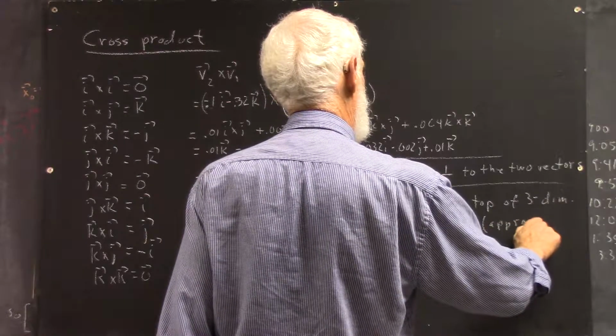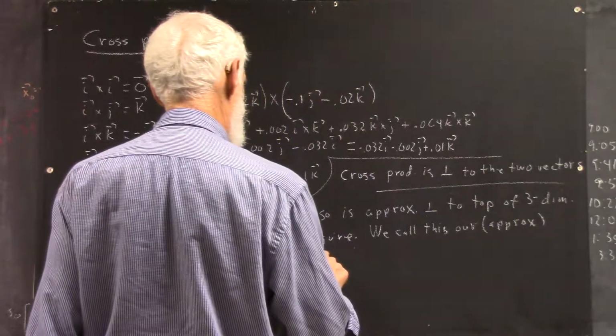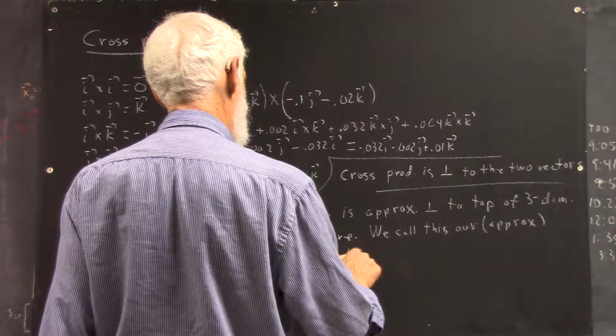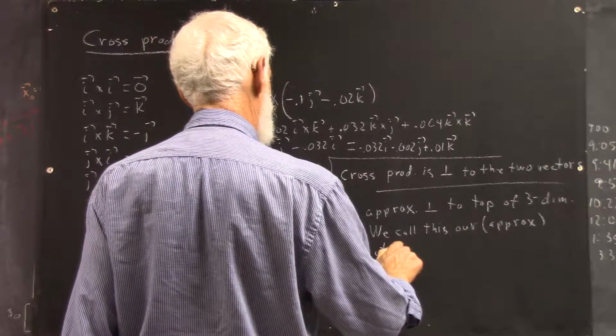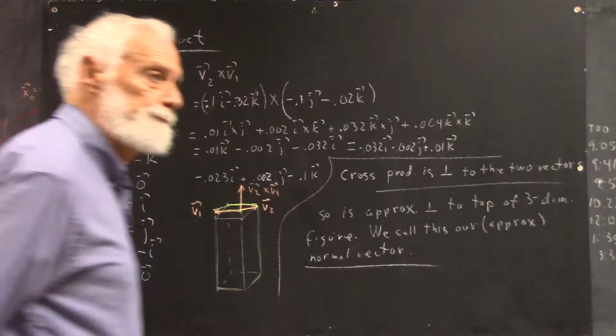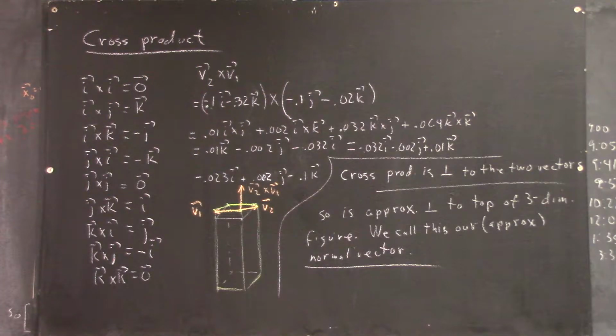And I would put the word approximate in there. Okay? Our approximate normal vector.